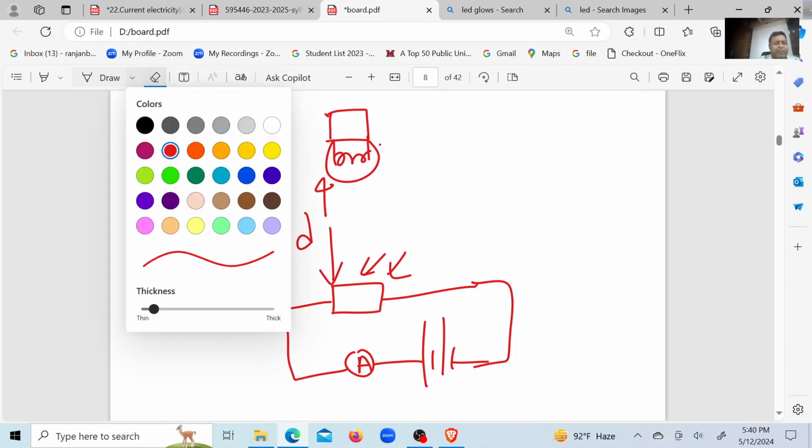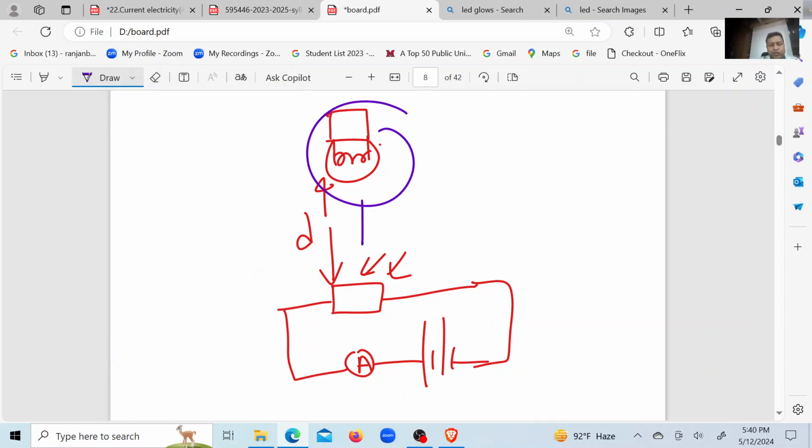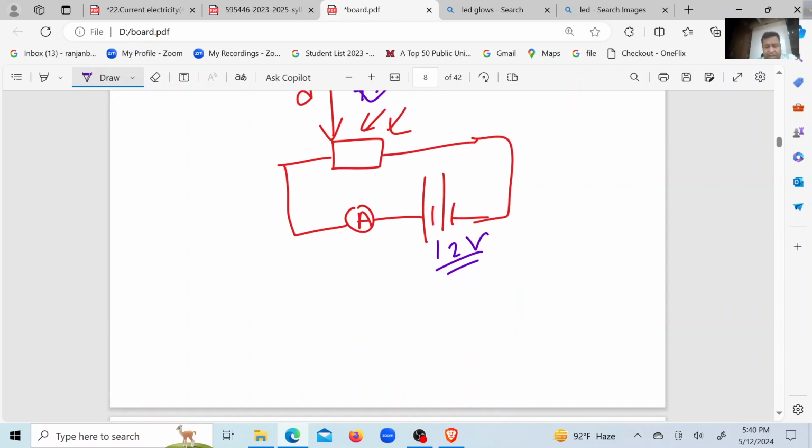When you bring this lamp nearer to the LDR, if you move it down, then brighter light falls on the LDR, so its resistance will decrease. Every battery is a device of constant voltage. So when the resistance of the LDR is decreased, the circuit current will increase. That's it. Voltage will be the same, but the circuit current will increase.